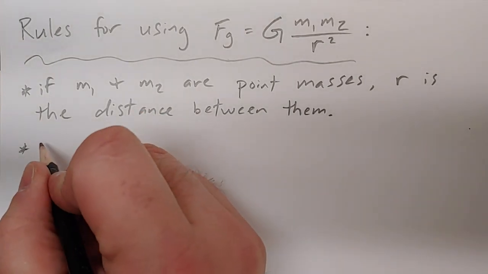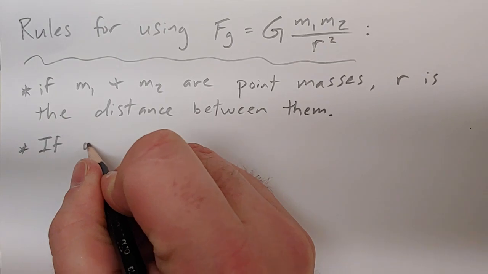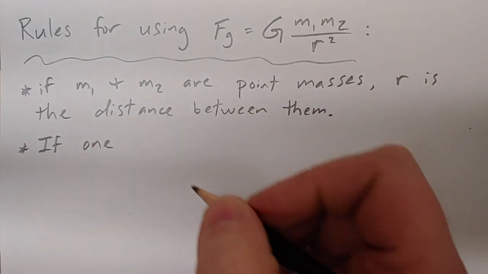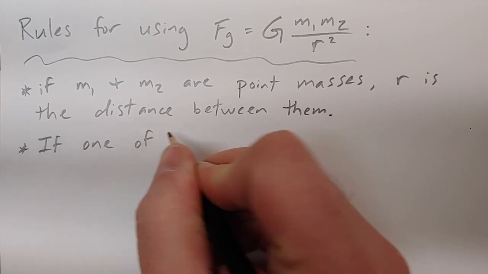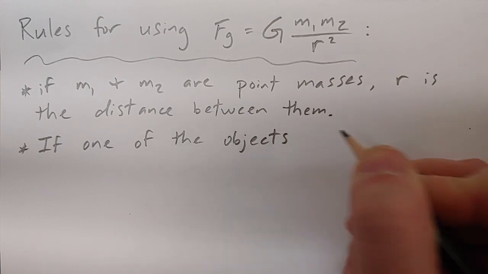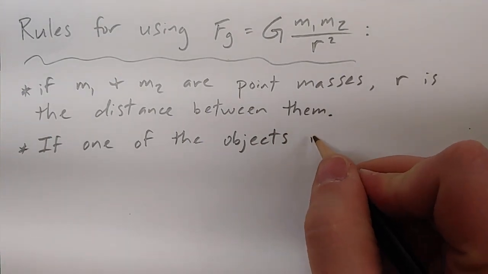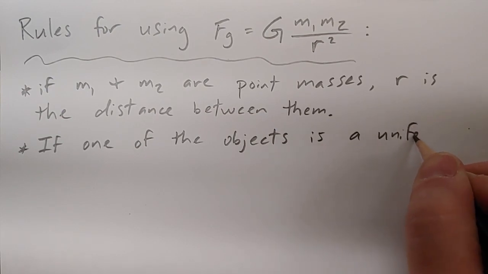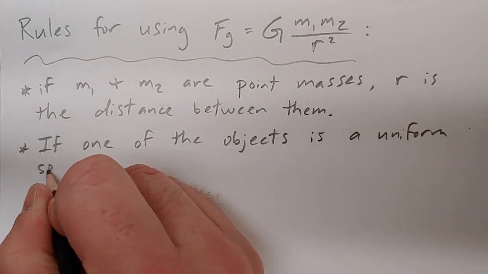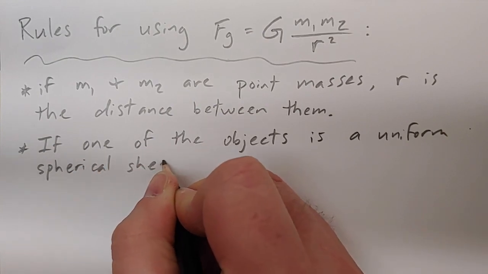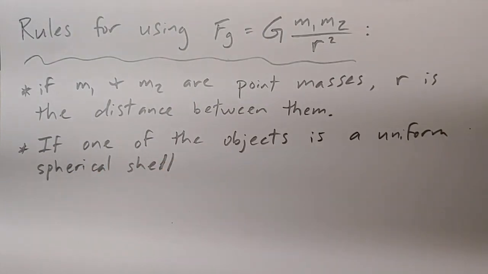And so if one of the objects, that shape, is a spherical shell. So if one of the objects, or I guess both of the objects would be fine as well, but if one of the objects is a uniform spherical shell, uniform meaning it has constant density, so there's not like a heavy half and a light half.